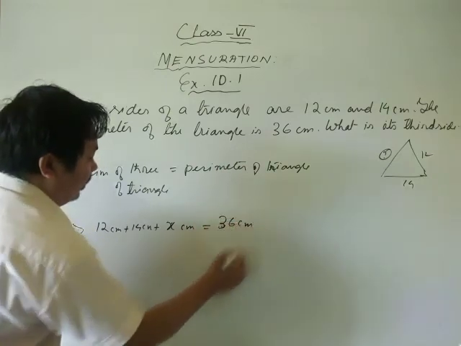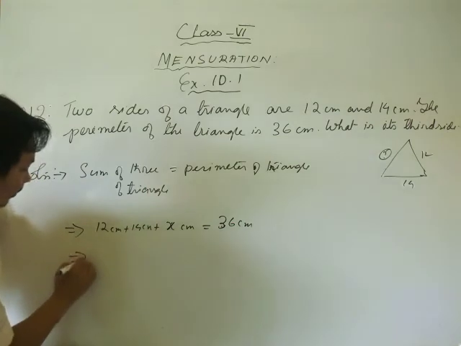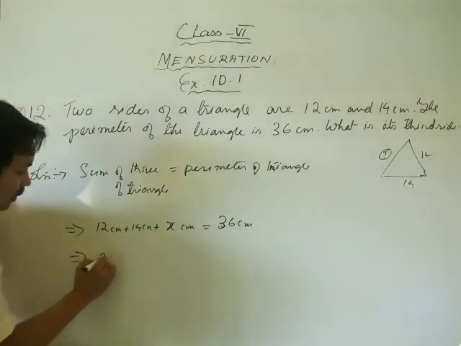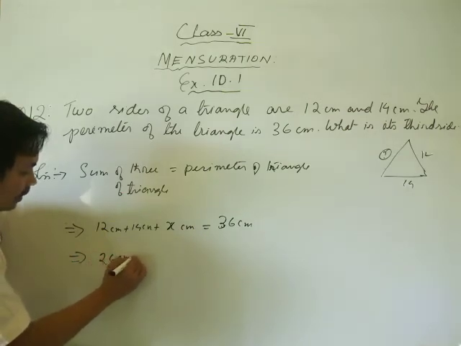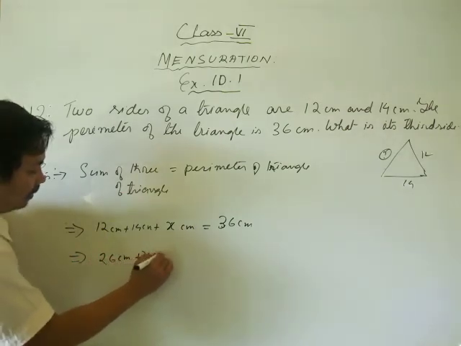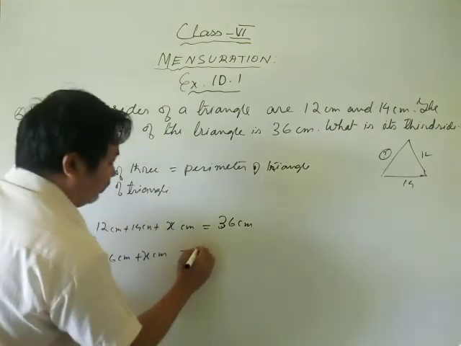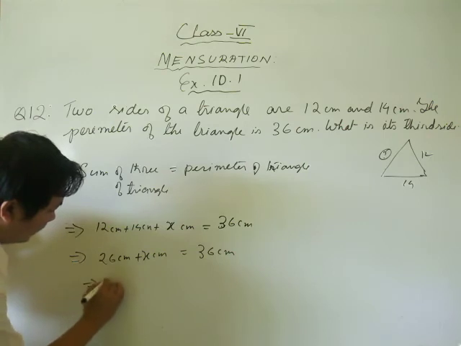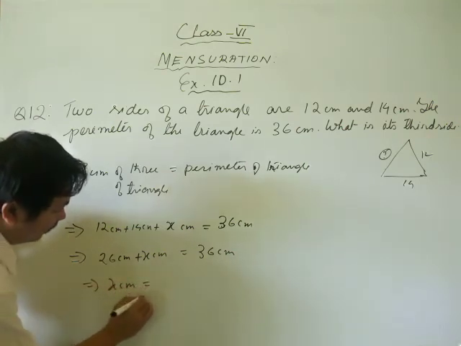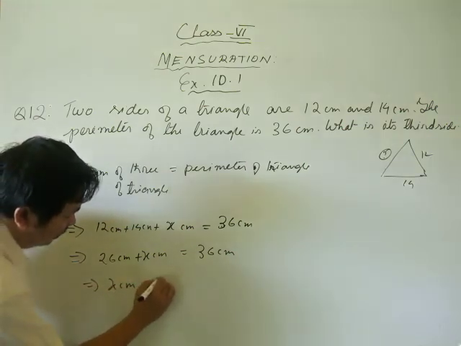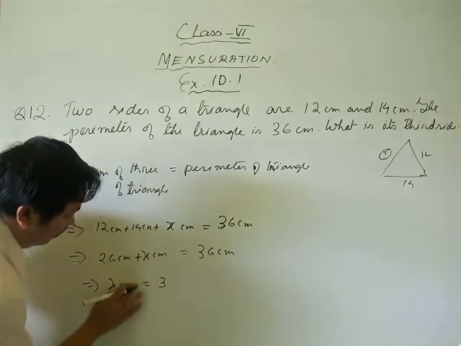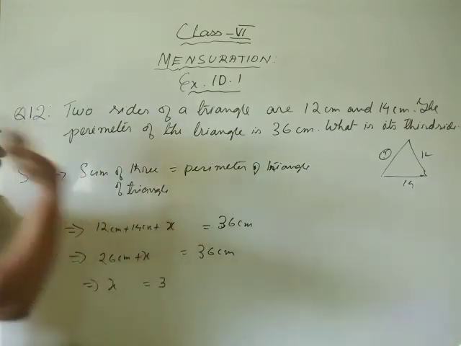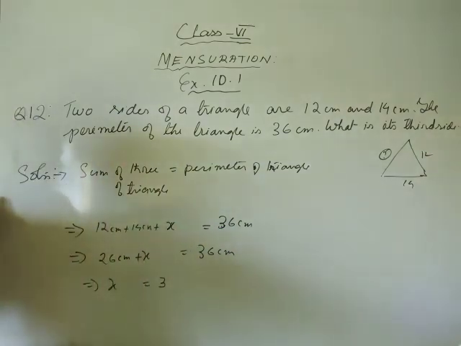So now the next step, we have to add these two. 12 plus 14 is 26 centimeter, plus x centimeter is equal to 36 centimeter. Now we are going to find out x, the third side.